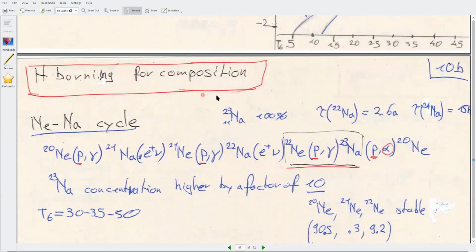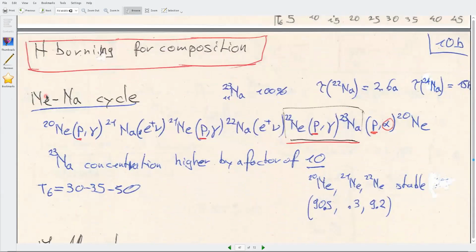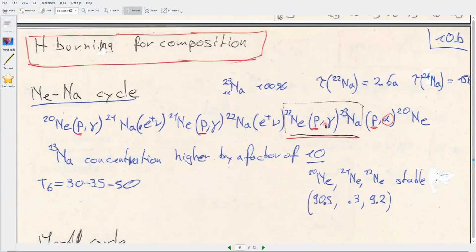At a burning vacuum composition, in the neon-sodium cycle, neon is transformed into sodium, which is most important because it's the lowest. So mainly neon is changed into sodium-23.